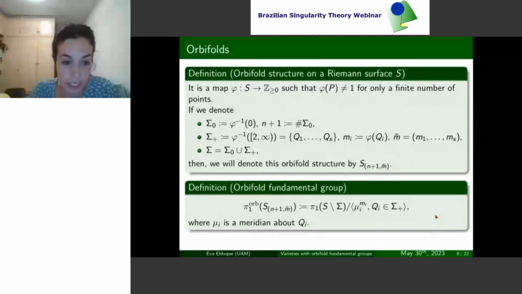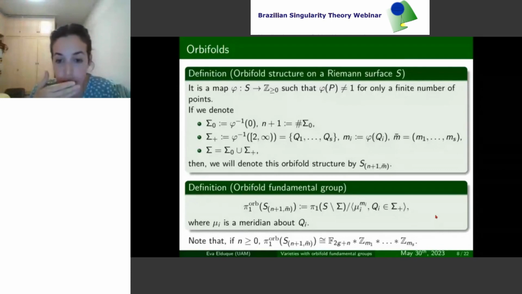And I guess we were calling this free product of cyclic groups the open orbifold fundamental group because, okay, say you have S, a Riemann surface of genus g. Then you take away all of these points, which are going to be n+1 plus s.